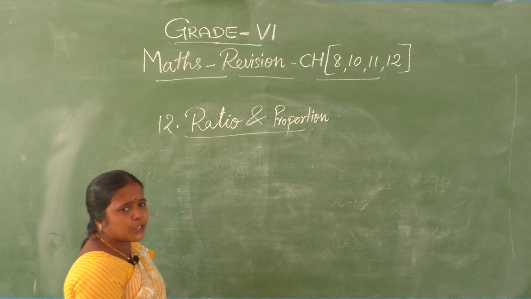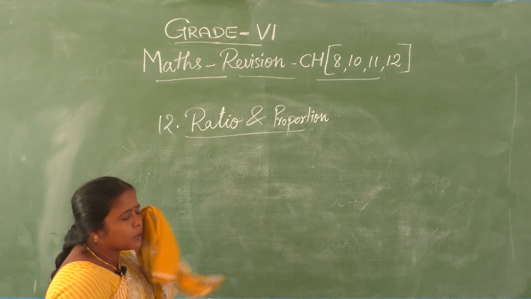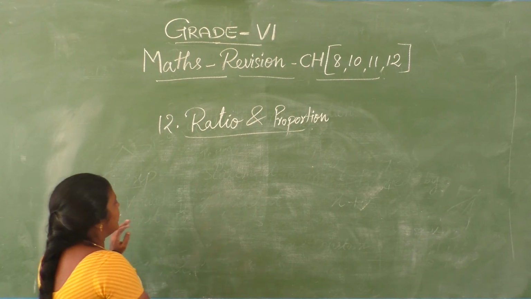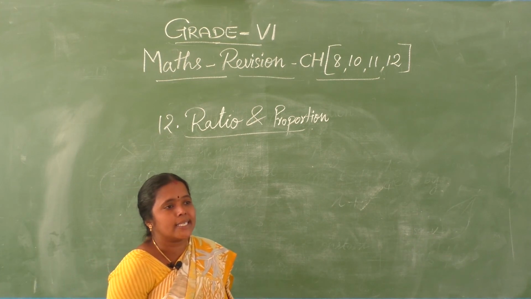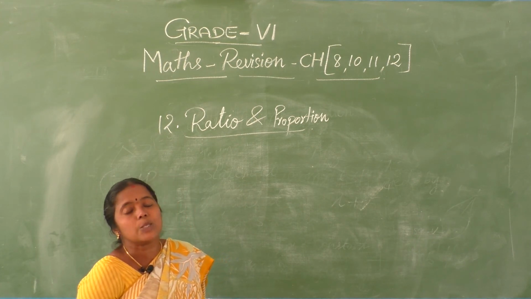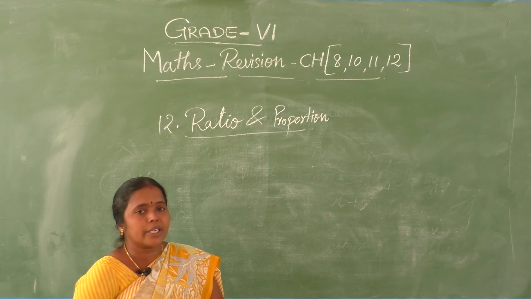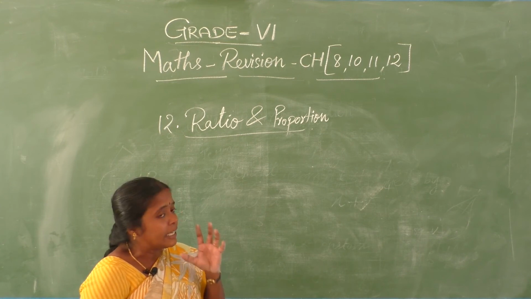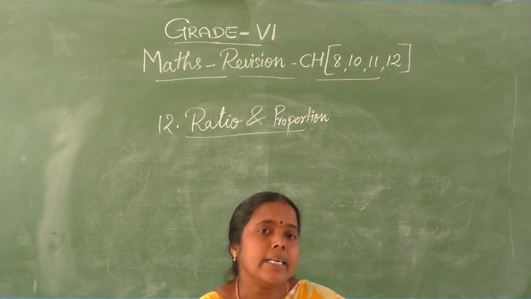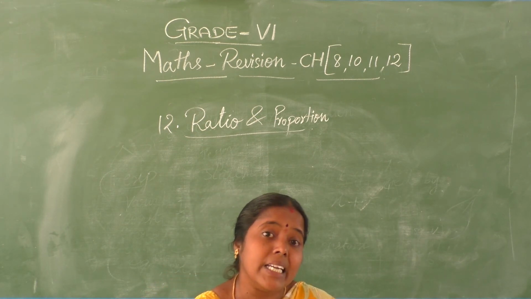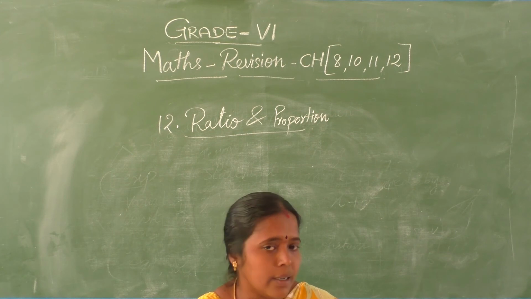What is ratio? What is proportion? Ratio means it is a form of expressing two quantities, that means comparing two quantities by division. Ratio is a form of expressing two quantities while comparing by division, called a ratio.